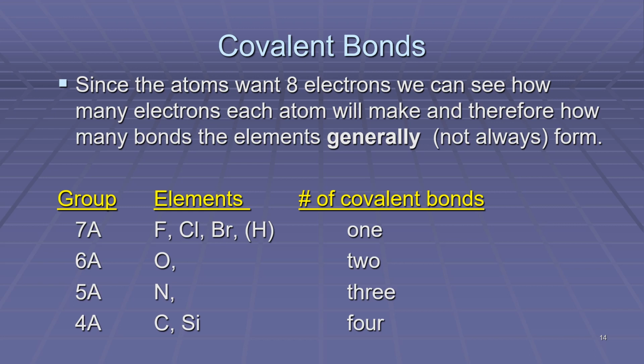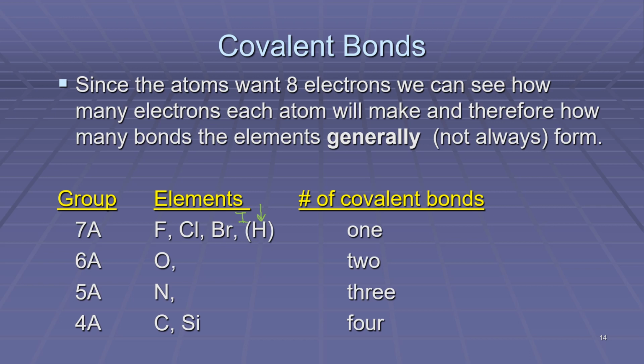So for that reason, we can kind of see already in which groups how many bonds they tend to like to make. So hydrogen only needing 1 more electron, and then all of the halogens, fluorine, chlorine, bromine, iodine as well, they only need 1 more electron to fill their 7.